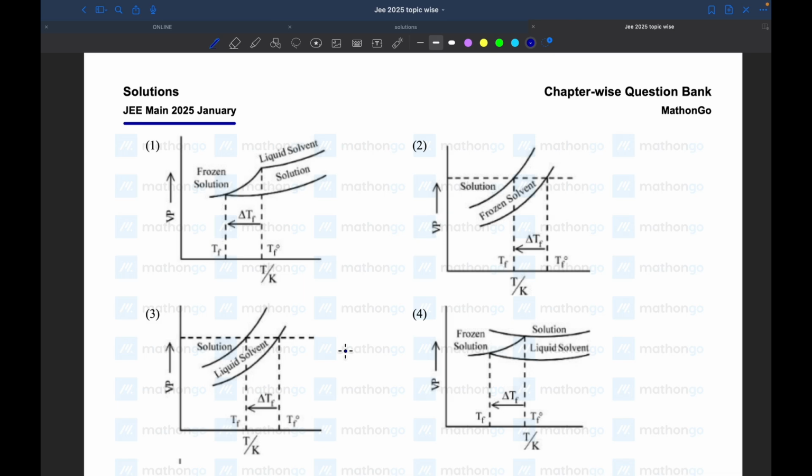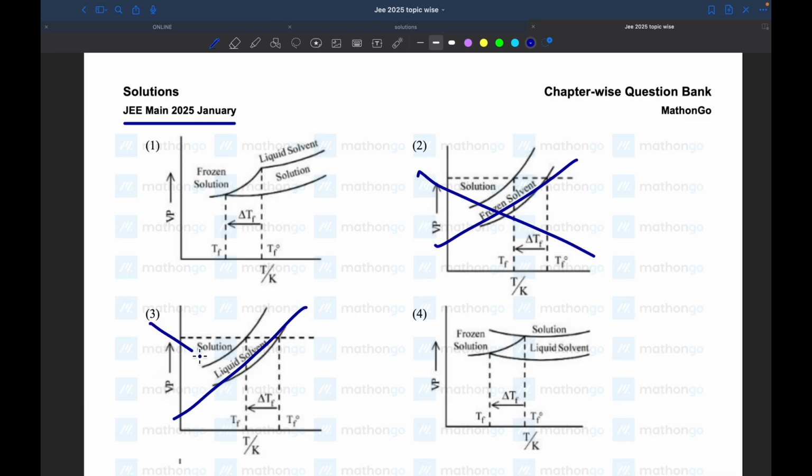A, sir. First option, yeah, first option looks correct. Why not the fourth option? The positions of liquid solvent and solution are not in the right place. Actually, this graph represents elevation in boiling point.